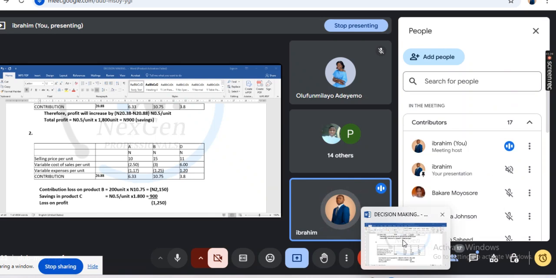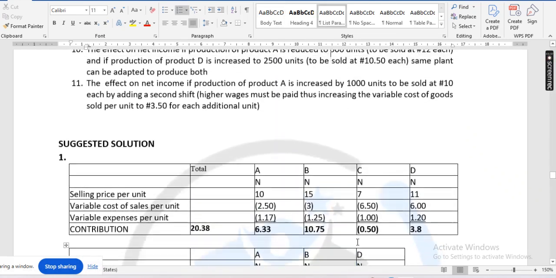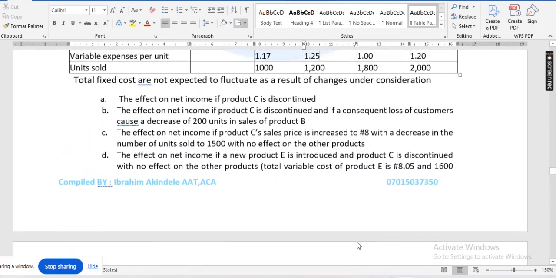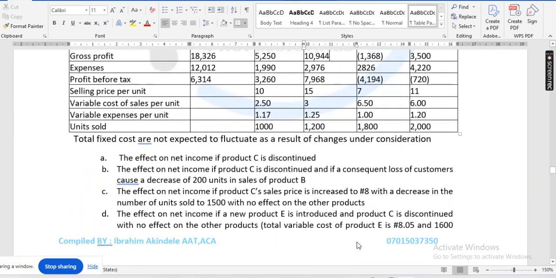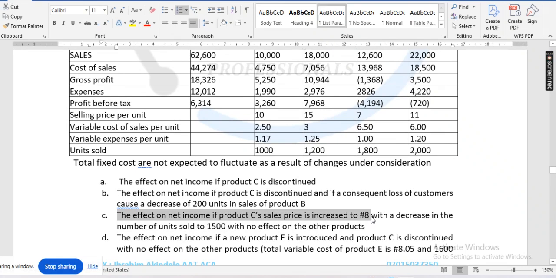Okay. Now, if that is established, we move to the next part of this question. Please, we will continue to be doing it like this, so that we will not waste much of our time. Now, what will be the effects on net income if product C sales price increases to this?